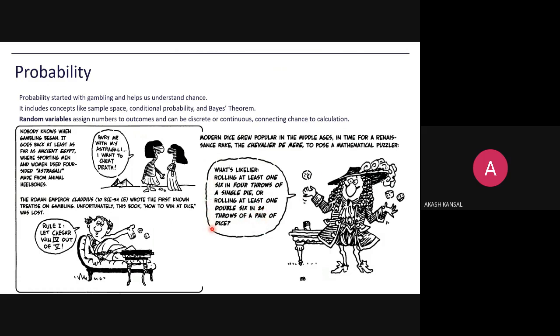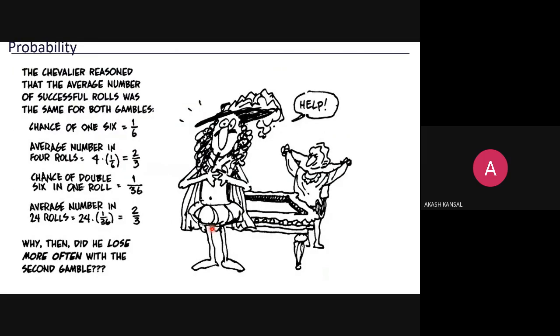Now let's see what happened after that. Chevalier reasoned that both events, event one and event two, should have the same probability or the same chances. So neither of them is more likely. Let's see how he went.